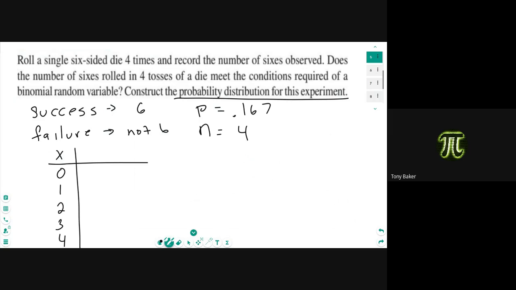Everybody get that so far? Okay. So now we're going to go to my calculator. And I want no sixes. So my number of successes is 0. Calculate.